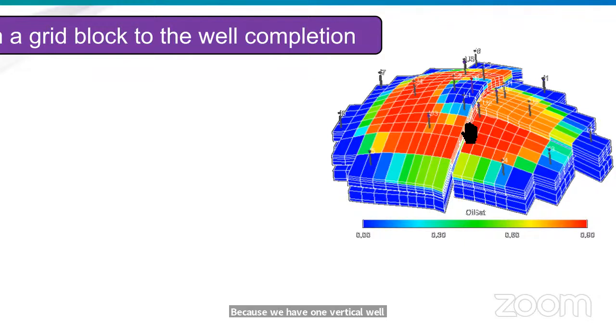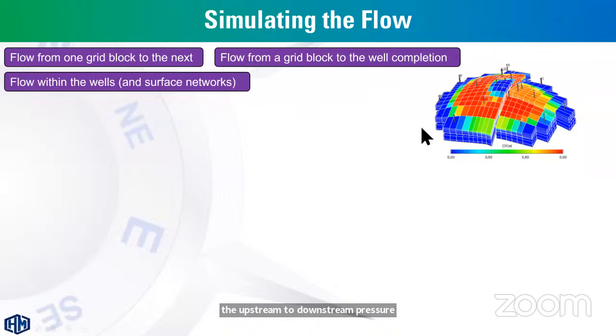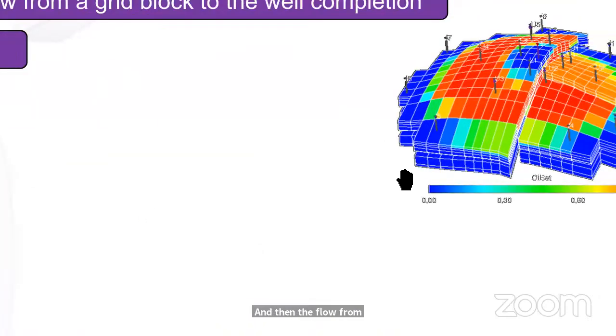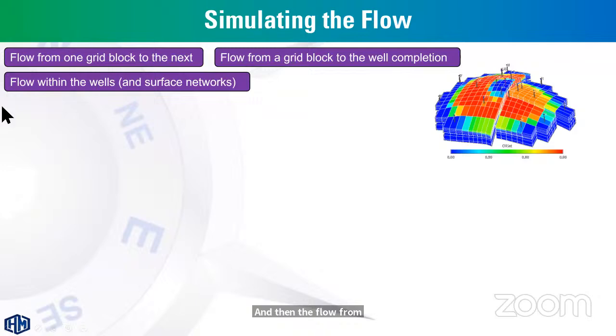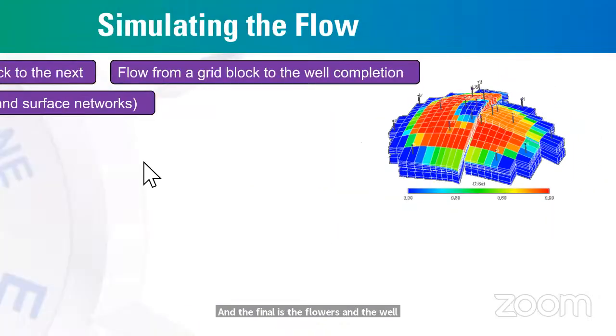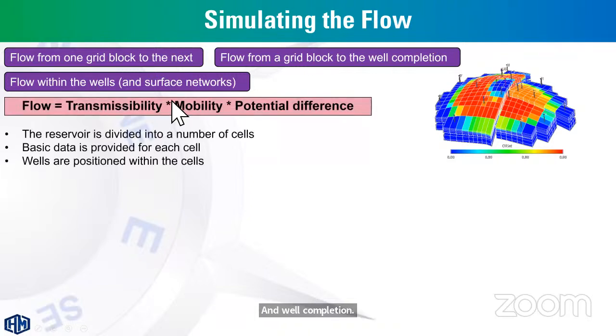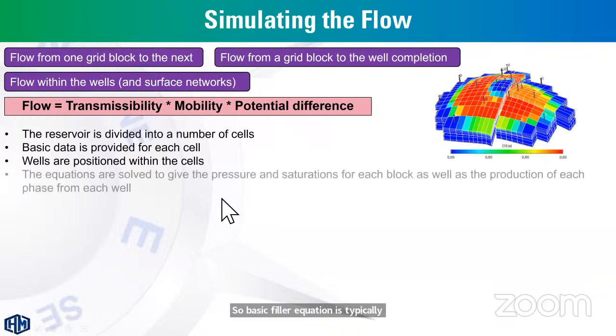So the flow is typically going in this direction from the upstream to downstream pressure, and then they flow from grid to well completion like this, and finally they flow within the well bores and well completion. So the basic flow equation is typically transmissibility times mobility and potential difference.